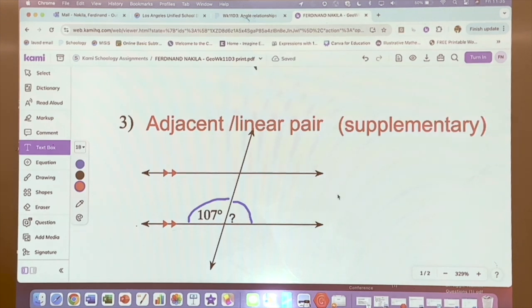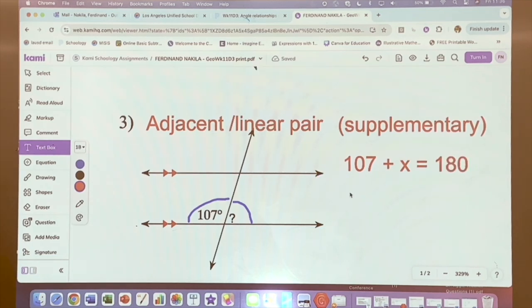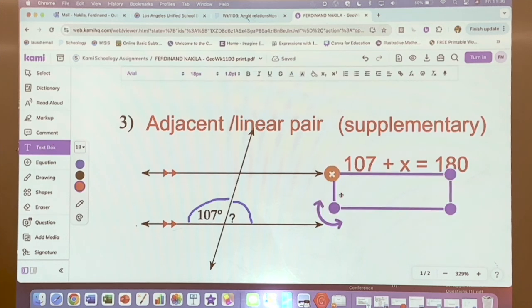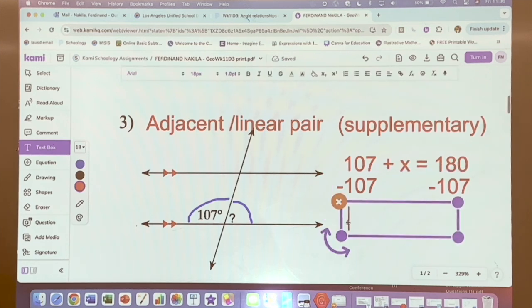So our angle 1 here, let's say 107, plus the question mark, let's replace it with x equals 180. Yep, algebra. What do we do with 107? Minus 107 both sides. Same thing to the right side. And yep, simple arithmetic.